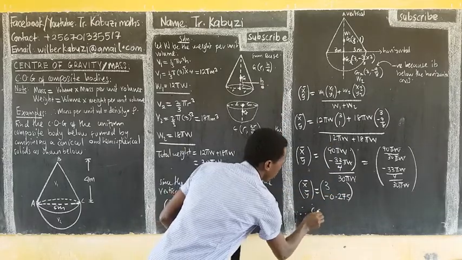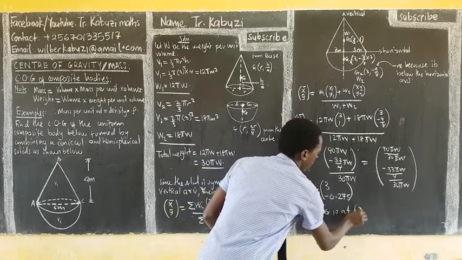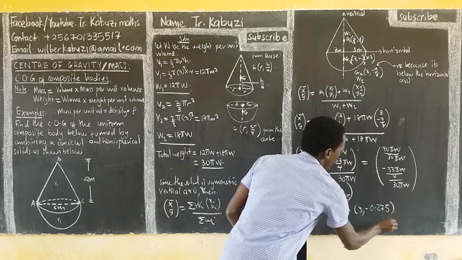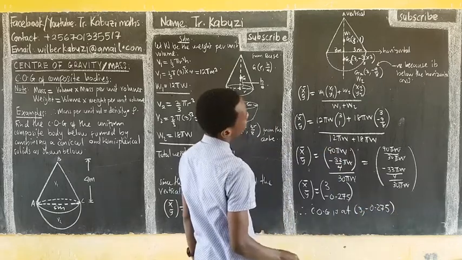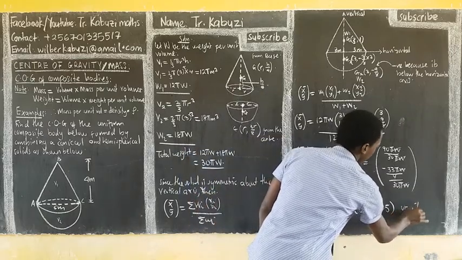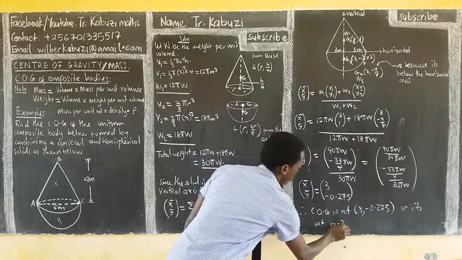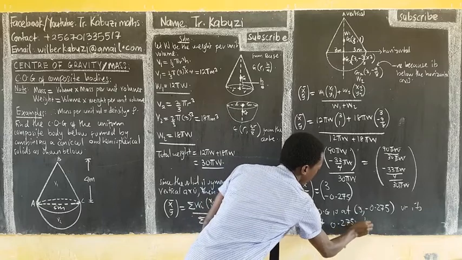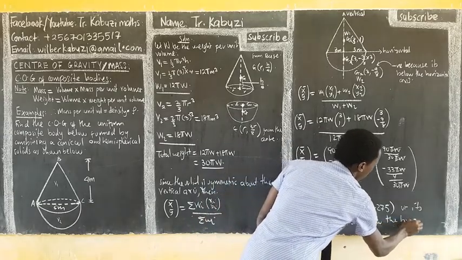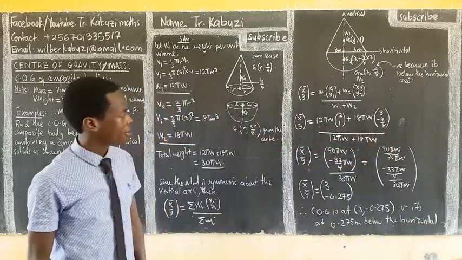Therefore, the center of gravity is at 3, negative 0.275. Or you can say it's 0.275 meters below the horizontal, as simple as that. So that's our case we have there.